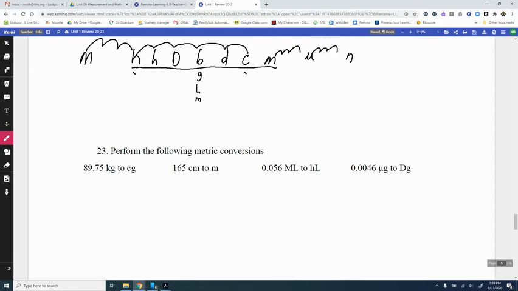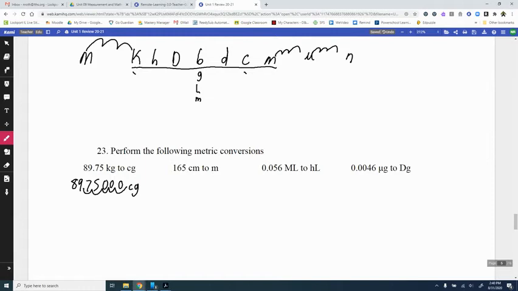So we have to do the same thing with our decimal and move it from the left to the right. So if we have 89.75, we move it 1, 2, 3, 4, 5 places to the right, fill in those places with zeros, and that's our new number. Don't forget units.